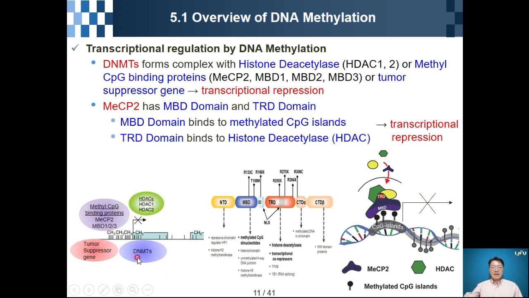After that, DNMT forms a complex with histone deacetylase 1 or 2, or methyl CpG binding proteins MECP2 or MBD1, 2, 3, or it also forms a complex with tumor suppressor genes. After that, it can induce transcriptional repression. This is one mechanism.